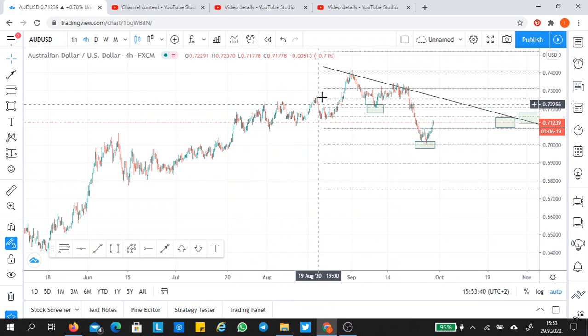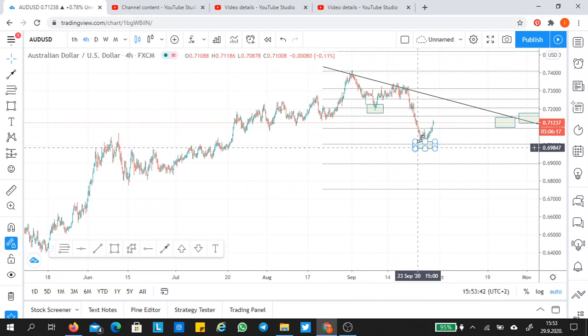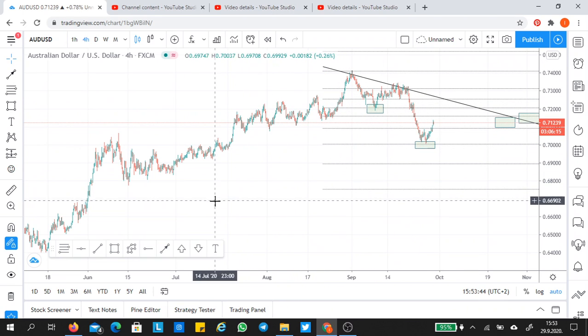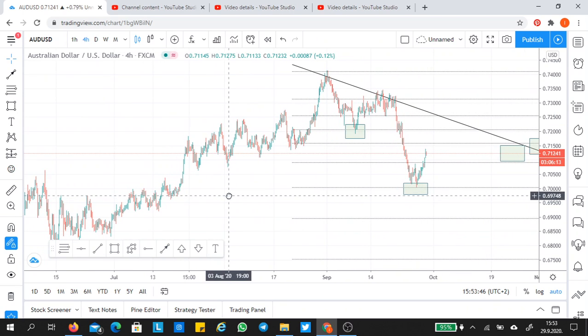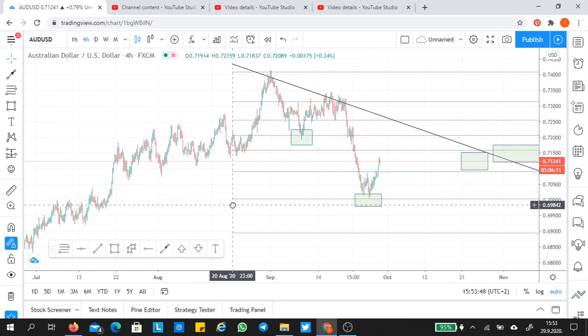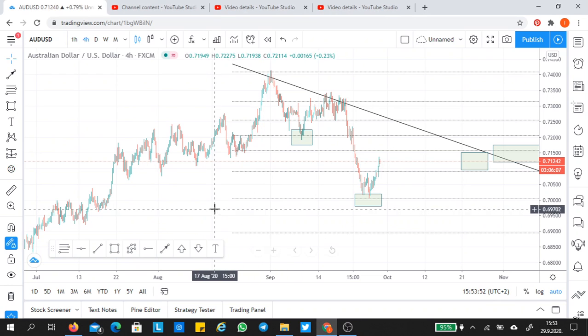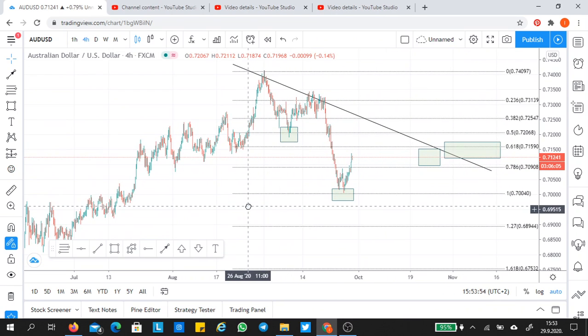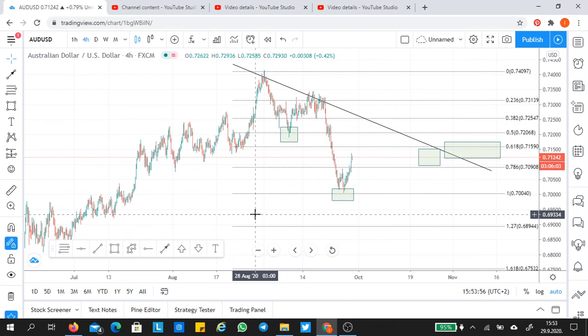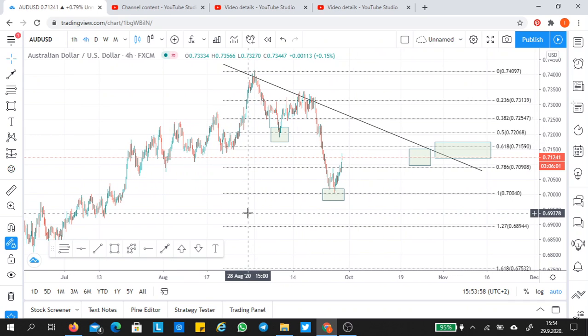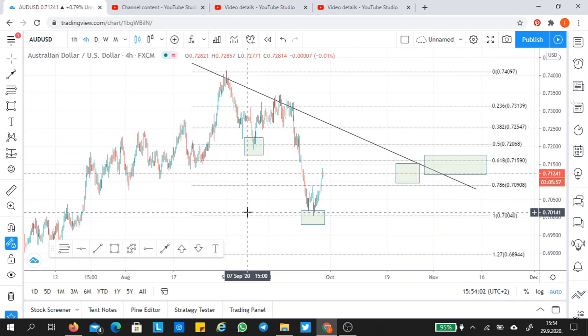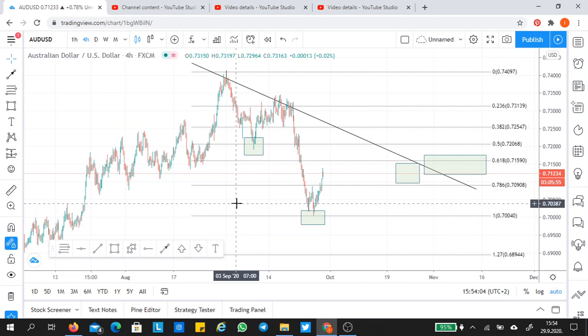So watch these waves, how the market reacts to certain zones, how much time it spends there. This is really also something that's important. How much time does the market spend in some area? So not just a price or a number, but also a point in time.